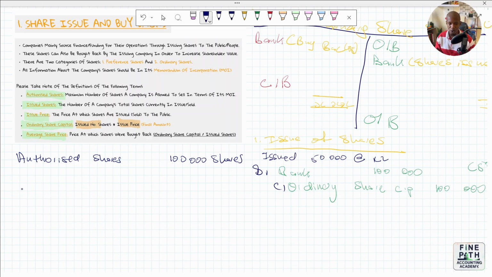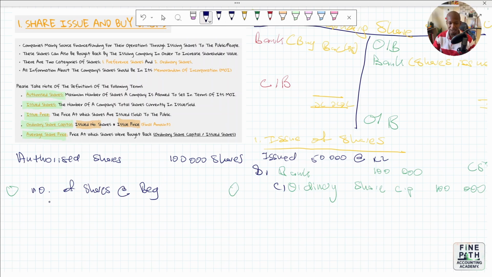And then here, we would have the number of shares that we issued during the year. So it's going to be the number of shares at the beginning of the year. So let's say that we had started our year with 0 shares. So we had no shares when we started the year, so our ordinary share value would also be 0 there.